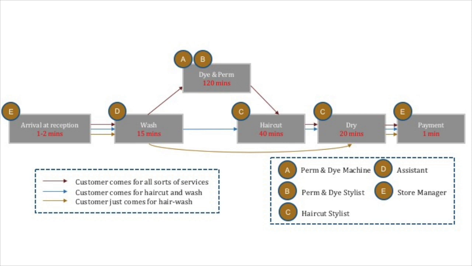Secondly, the perm and dye stylist, as well as the haircut stylist, are specialized in their tasks, so they could not help each other. Thirdly, the assistant is responsible for washing the hair, and the store manager is responsible for taking the guests to their seats and receiving the payments.